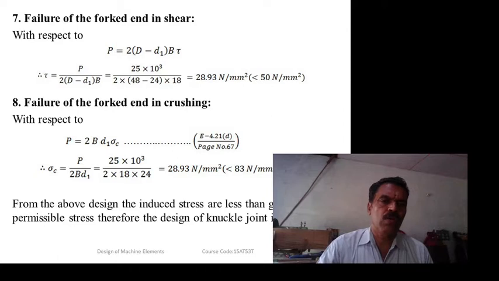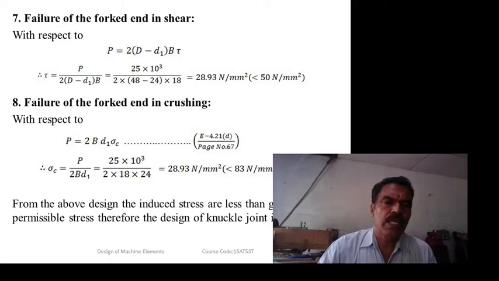Next, the last one is failure of the forked end in crushing. The relation is also available on page number 67 of the Design Data Handbook, equation number 4.21d. The equation is: load is equal to area into crushing stress. Therefore P is equal to 2 times B into d1 into sigma c.